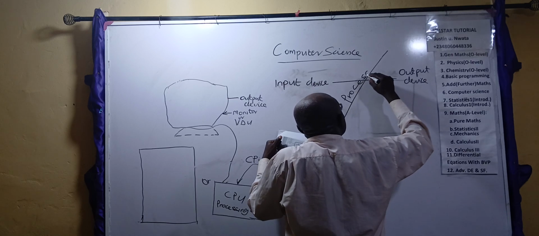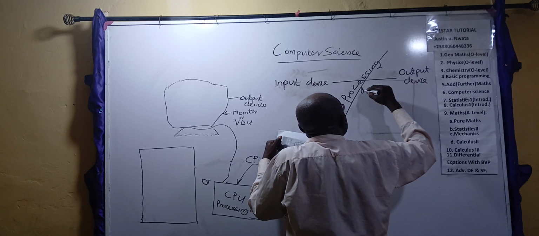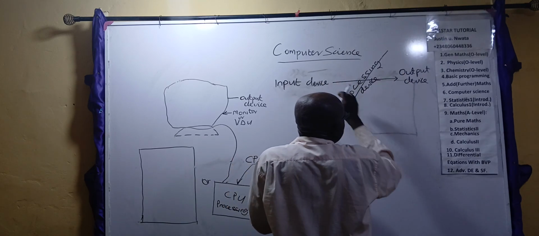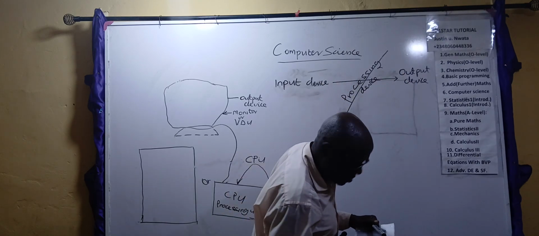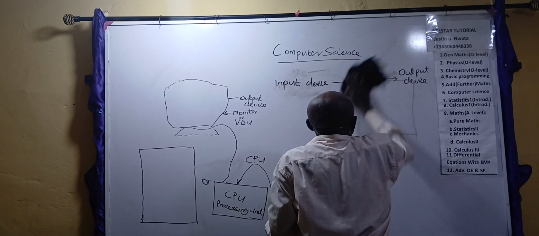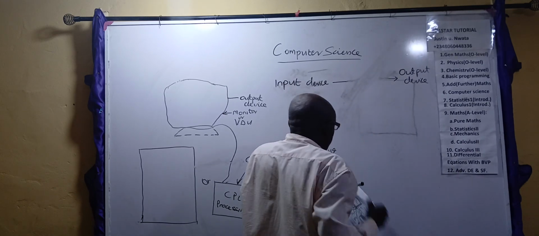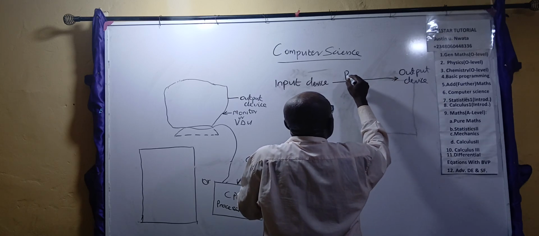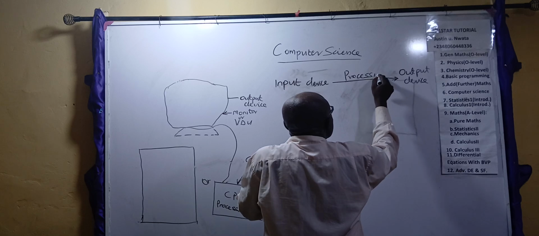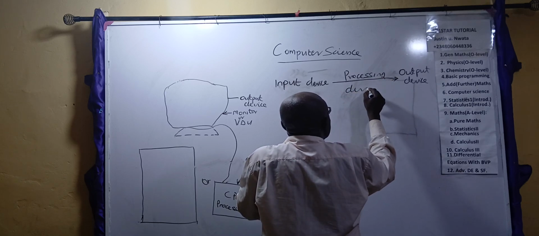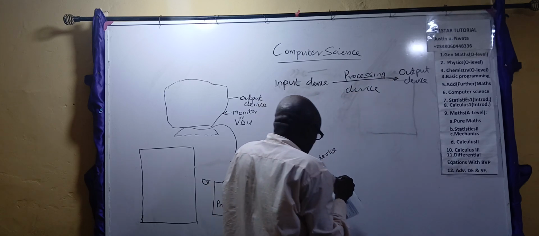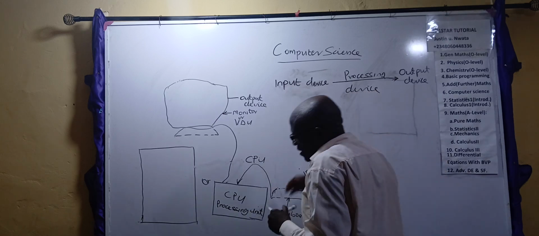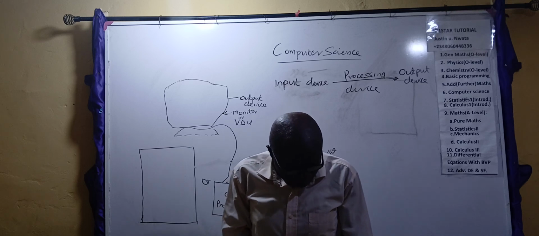Processing device. What goes on here is processing. Now, what are the output devices? What are the input devices? What are the processing devices? Now let's look at them briefly.